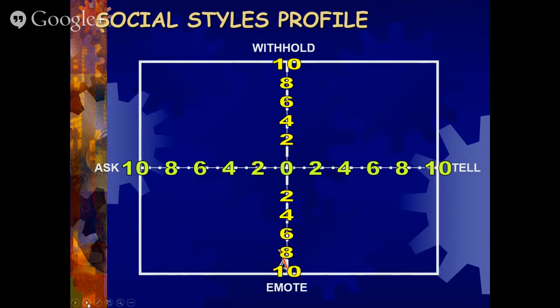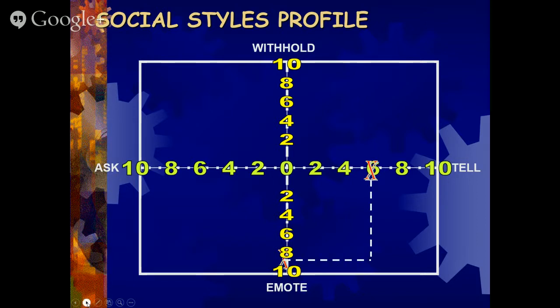Do I let people know how I'm feeling, or is that something that I keep very much more to myself? The second question is, when I want people to do something, do I tend to ask them or do I tend to tell? Is there more of a directive element to my leadership, or is it more cooperative and alongside?